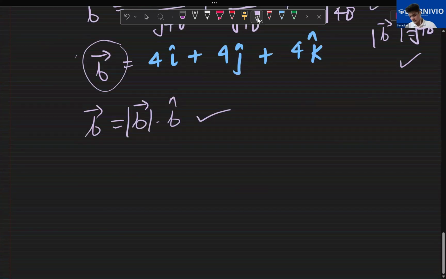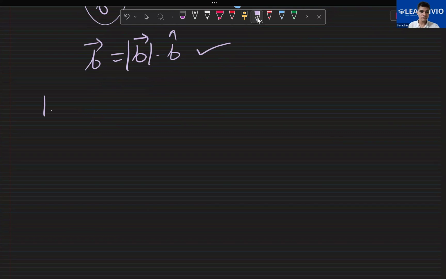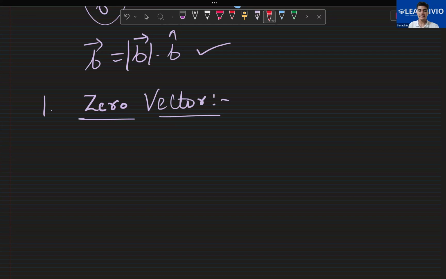The first one is the zero vector. That means if I suppose this point, let's say this is my A point, and in this vector, you do not move in any particular direction.